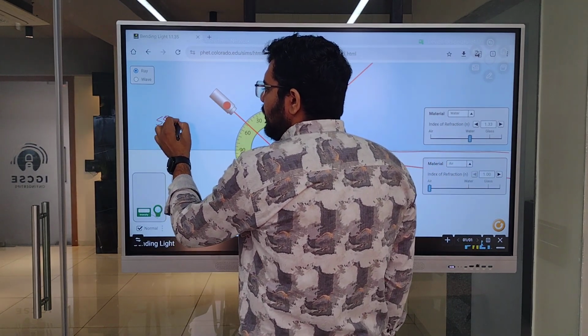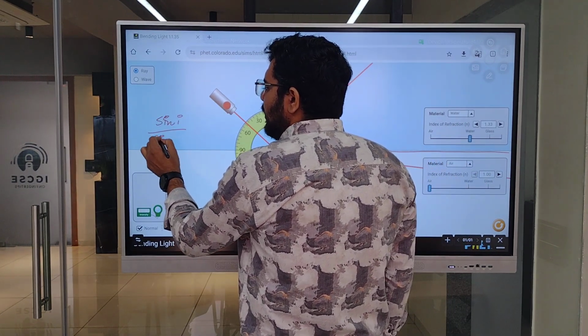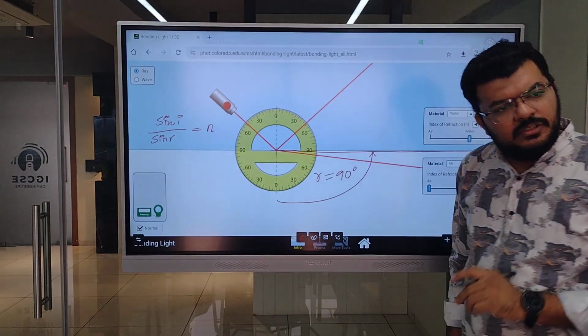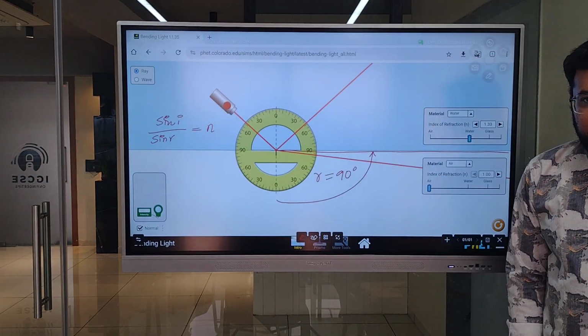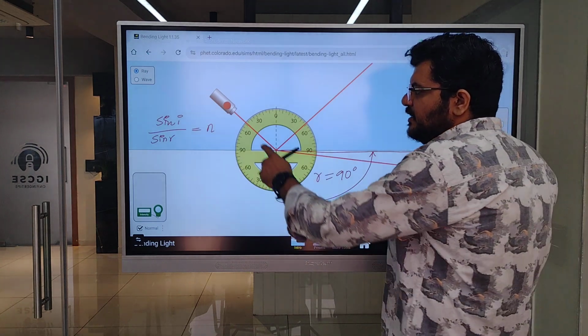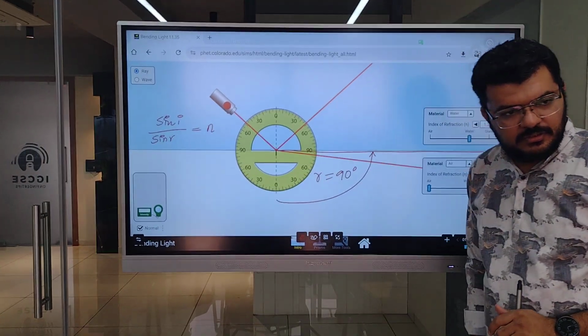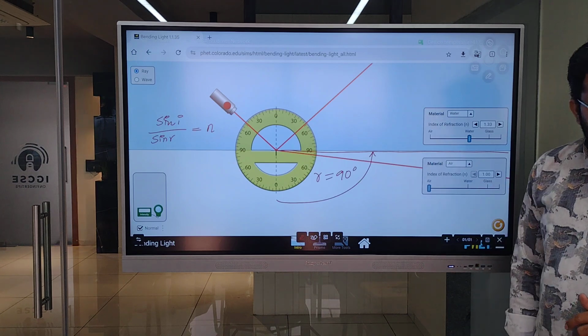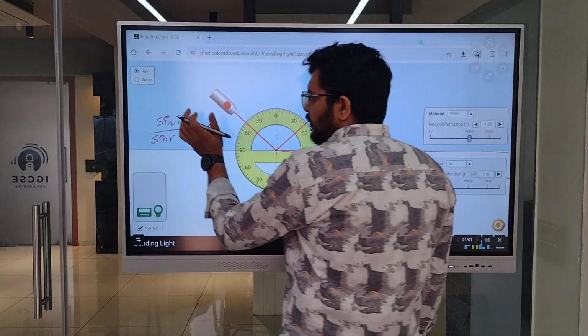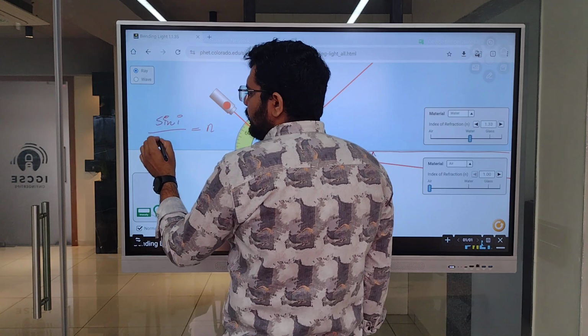Now, sin i upon sin r is equal to n. This is our formula. You remember this formula now? What is the angle of incidence? It is something. But what is the angle of refraction? 90.